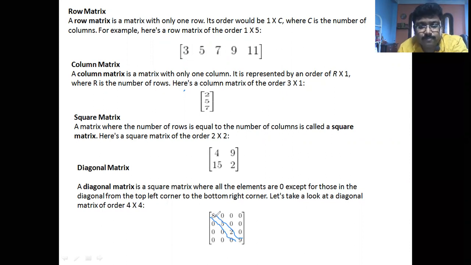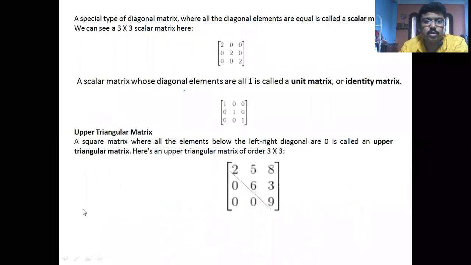And along the diagonal, here are numbers. Now look, a special type of diagonal matrix where all the diagonal elements are equal is called a scalar matrix.